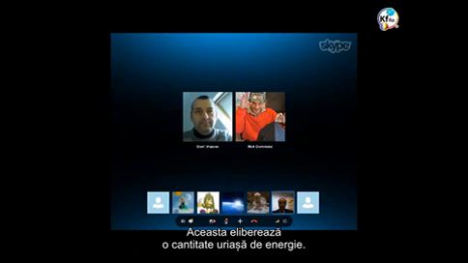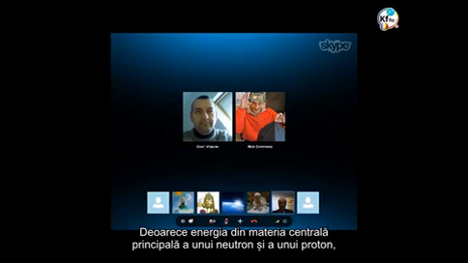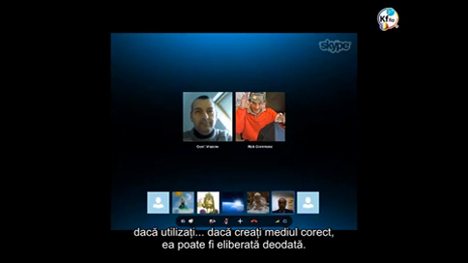This releases a huge amount of energy. This uses energies which mankind cannot comprehend, because the energy within the central principal matter of a neutron and a proton, if you create the right environment, can be released in one go.